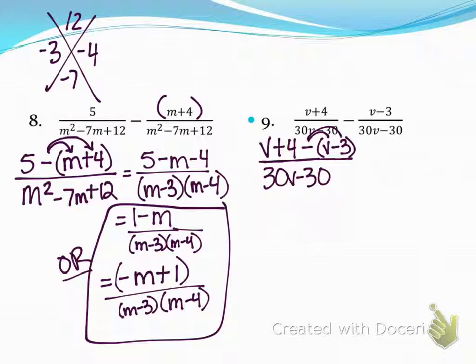If you don't distribute the negative sign through and you only give the negative to that V in the front, then your sign on the 3 will end up wrong. So that leaves me with V plus 4 minus V. What sign will end up on the 3? Plus 3. Okay, so it just switches the signs around for us.